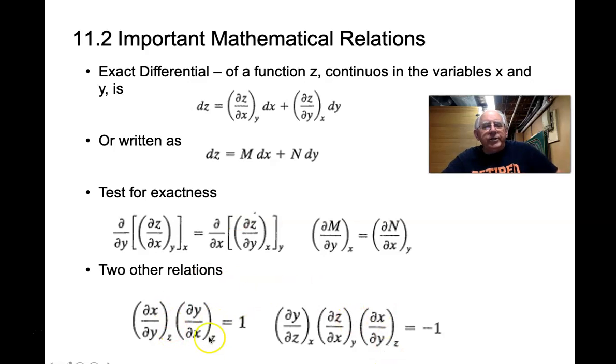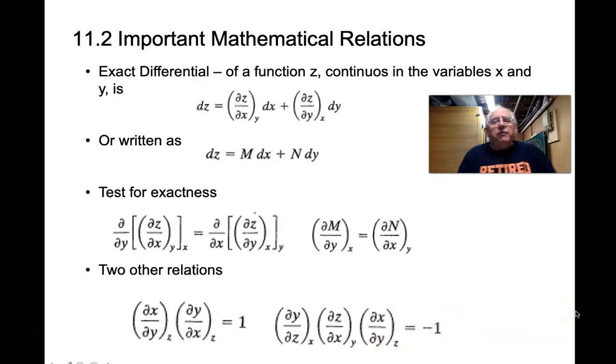There are two other relationships that also hold for an exact differential, and that is the partial of x with respect to y at constant z times the partial of y with respect to x at constant z is equal to 1. And also this chain partial, the partial of y with respect to z, the partial of z with respect to x, and the partial of x with respect to y is equal to -1.